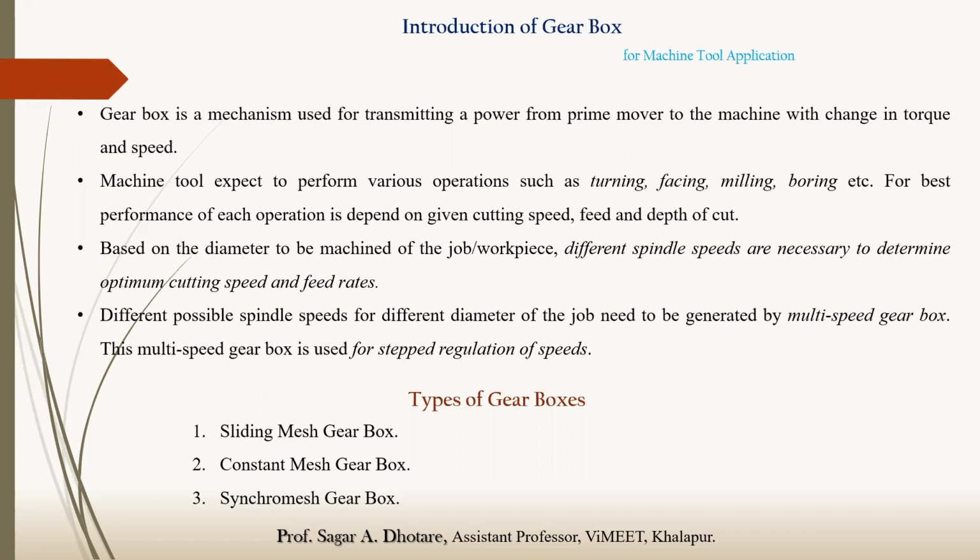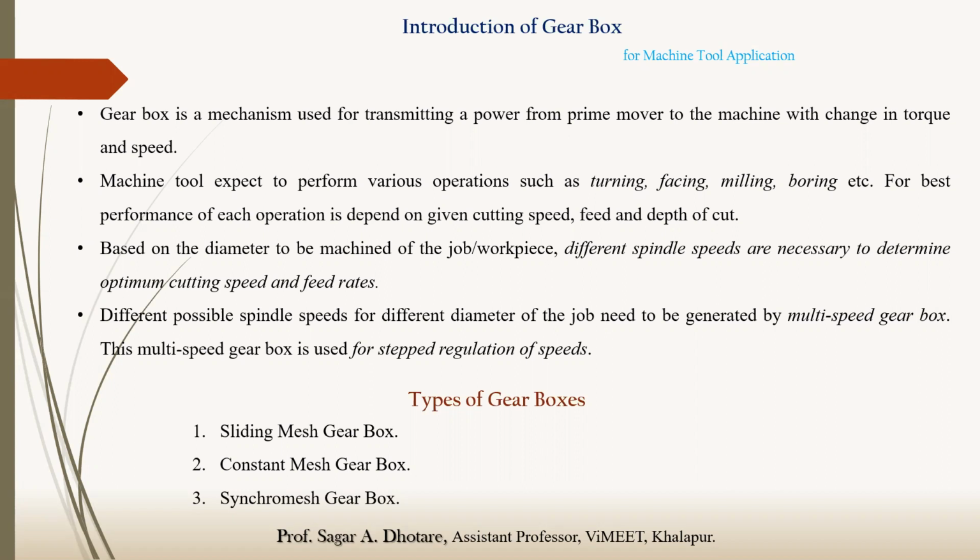What is the main purpose of using the gearbox? The main purpose is to increase the torque. When the torque developed by the prime mover is less as compared to the torque required by the driven machine, the gearbox is used to increase the torque.